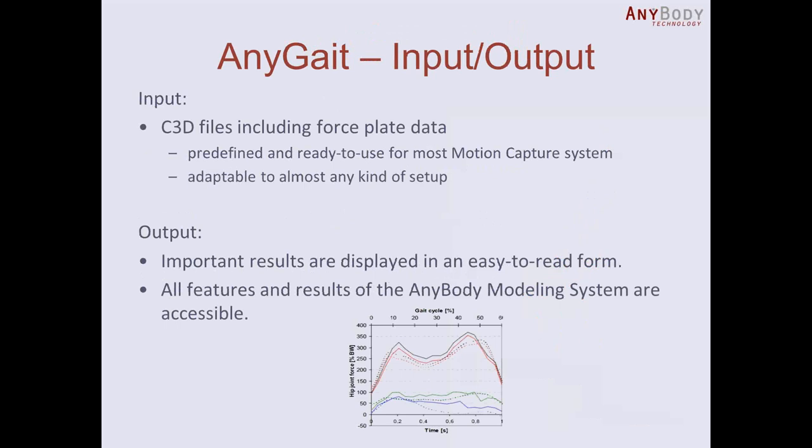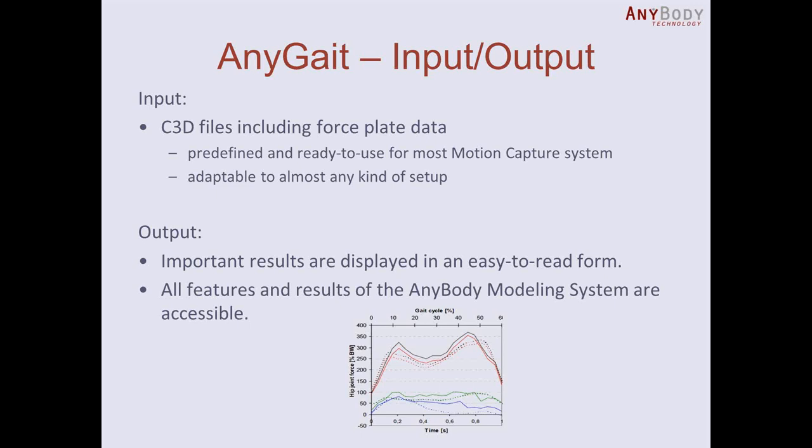AnyGait uses C3D files, including force plate data, as input. There are several predefined and ready-to-use formats from most motion capture systems. However, it is adaptable to almost any kind of setup. So if you have a setup that is not predefined, you or we can help you with setting your new motion capture system up.